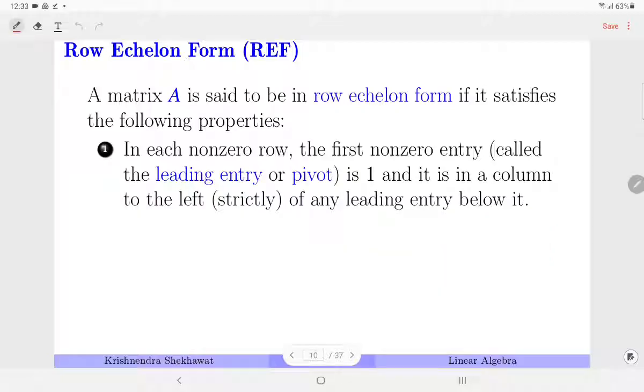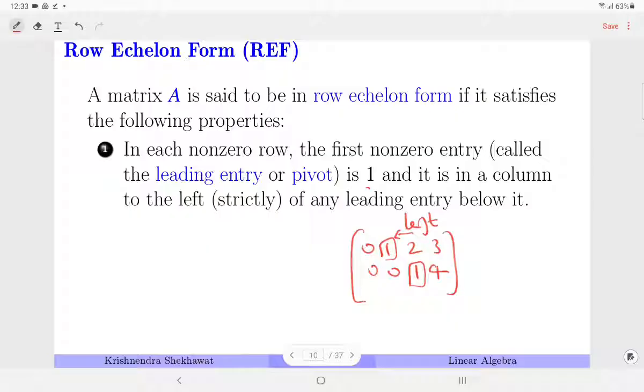And this entry 1 is in a column to the strict left of any leading entry below it. So let's say I have 0, 1, 2, 3 and below it there is a leading entry here. Yes, so you can see that this leading entry is on the strict left of this leading entry.